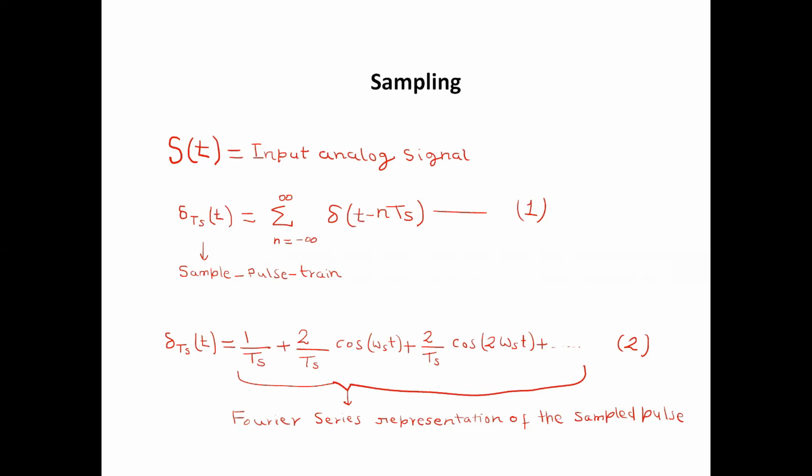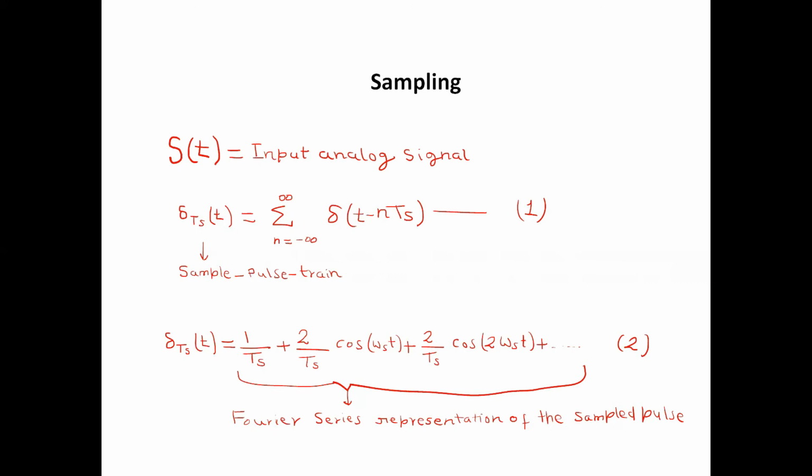That's why delta(t minus nTs) gives a particular delta function shifted from the origin by an integral multiple of the sampling time. If we sum it from minus infinity to infinity, we get the sample pulse train extending in both directions.